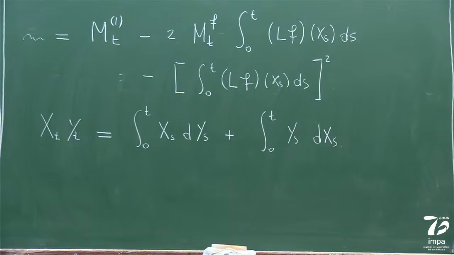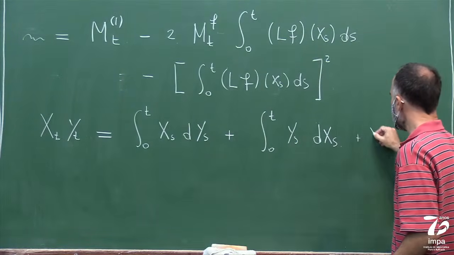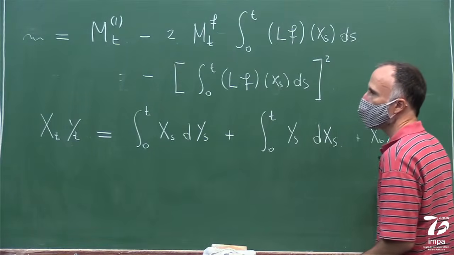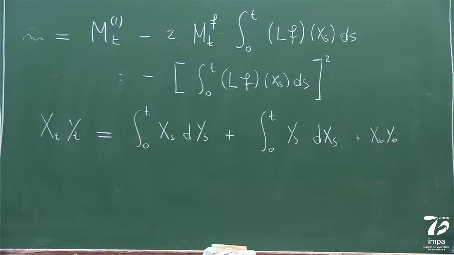Okay, well, you can justify this identity, plus a constant, which is the one you get at time 0, but I will apply this to a term which is 0 at 0, so that will never appear.